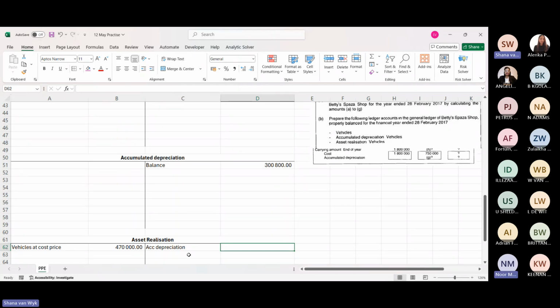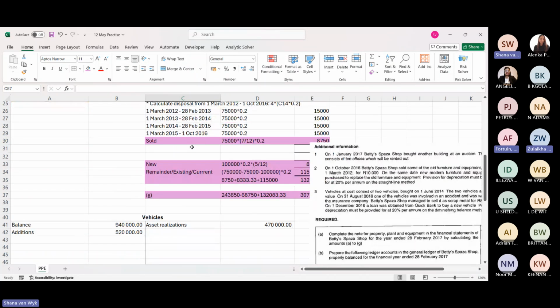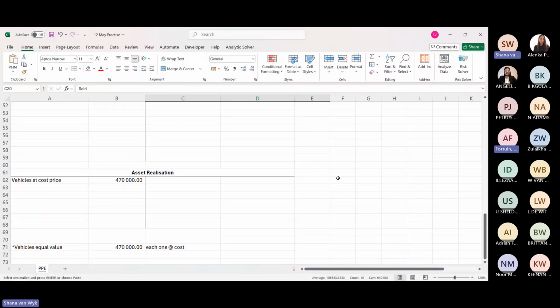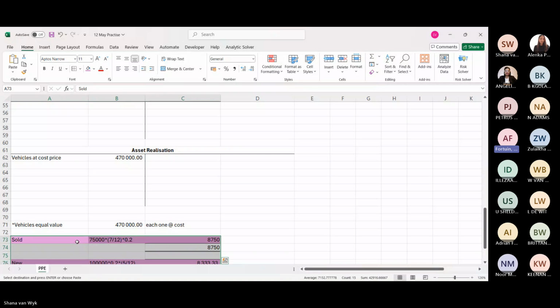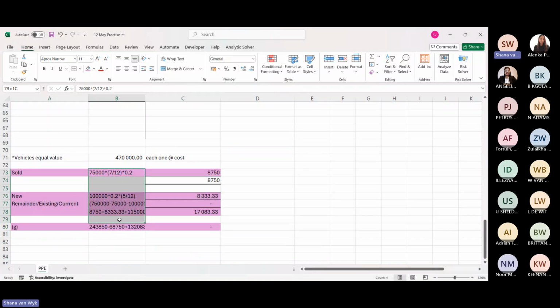Yes, I think it's just for the vehicle we're getting rid of. Are you not supposed to do old, new, sold and current again? It's the same concept. Write your framework out, and whatever isn't applicable, you just don't do it. I'm going to make myself confused. Okay.